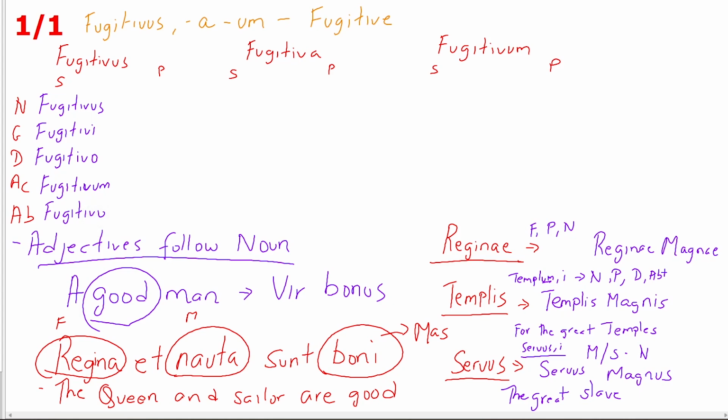Now when we come to the plural, it would be fugitivi, then genitive, fugitivorum, then when it comes to the dative, fugitivis, accusative, fugitivos, and ablative is fugitivis.